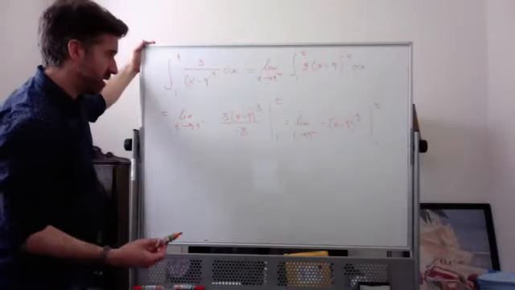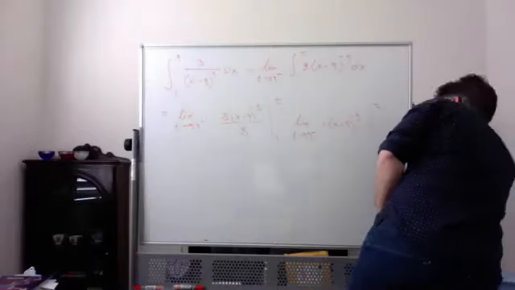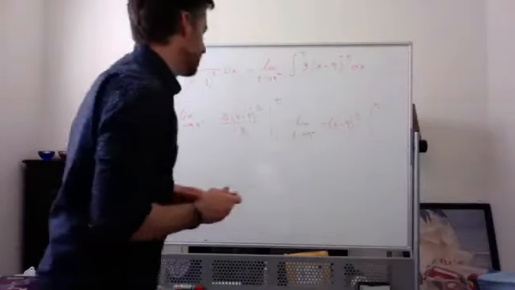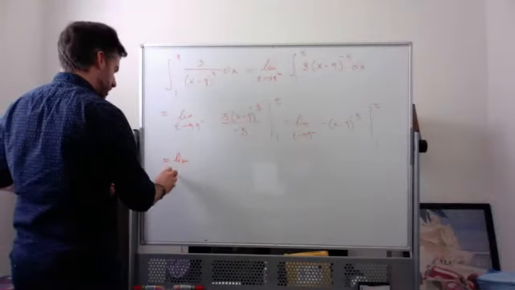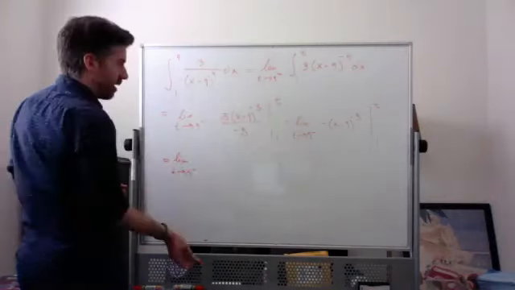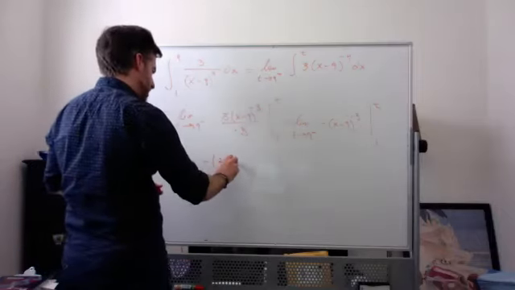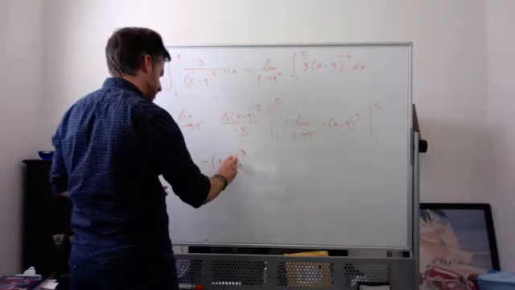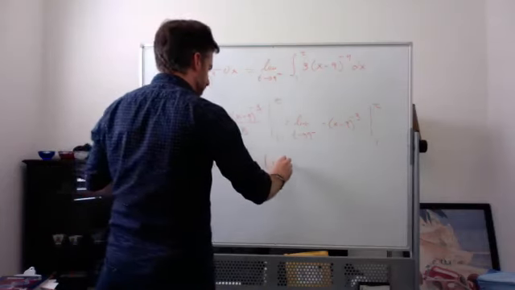Okay, so now we're going to plug in our limits of integration. So I'm going to get the limit as t approaches 9 from the left of negative (t minus 9) to the negative third, minus, the minus is plus, (1 minus 9) to the negative third.